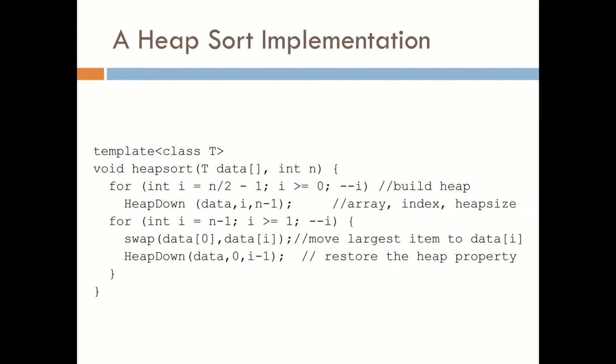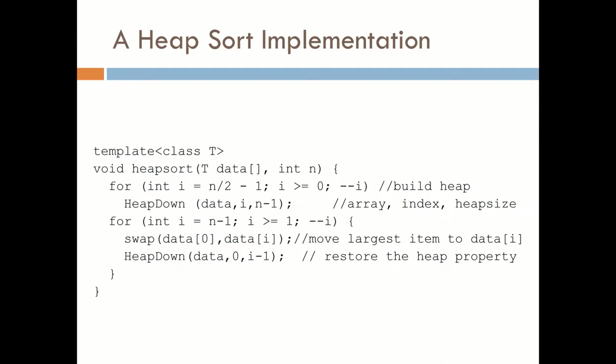So what we do here is that we go from the end, we swap. You notice that i is my variable, and we swap the data 0, which is the element at the top of the array, which when it's in heap form, is the highest priority element, which means it's the maximum element in a max heap.